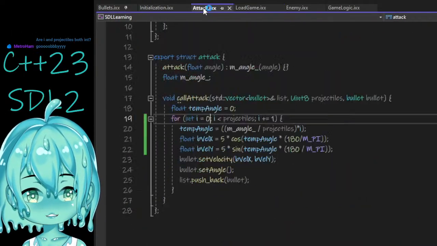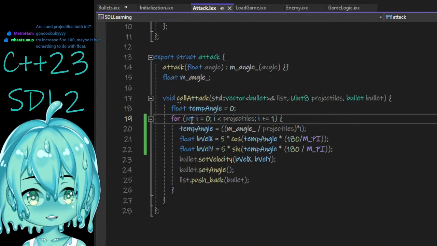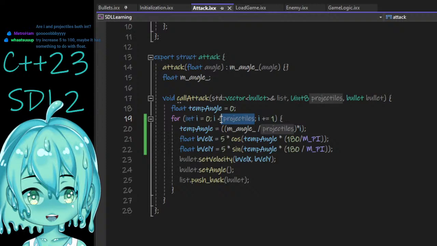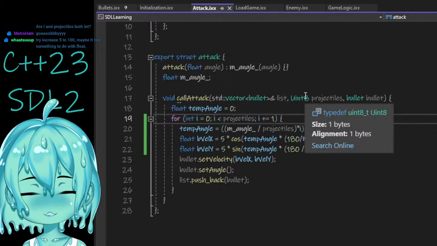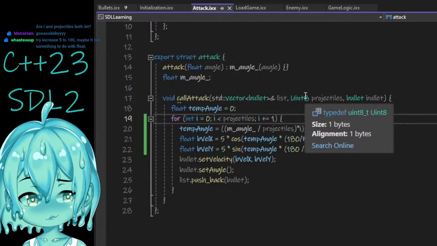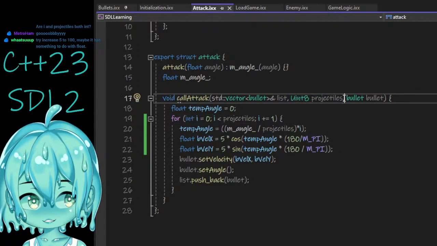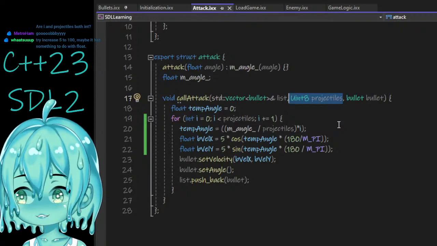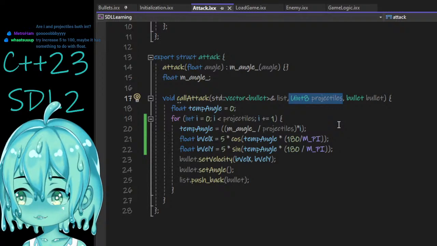I is an integer, projectiles is a uint 8, which is a pseudo integer. It goes up to 255, which is fine because I don't ever want to make this above 255 bullets. I would rather have it overflow to 0 than have it be like 2 million or something.